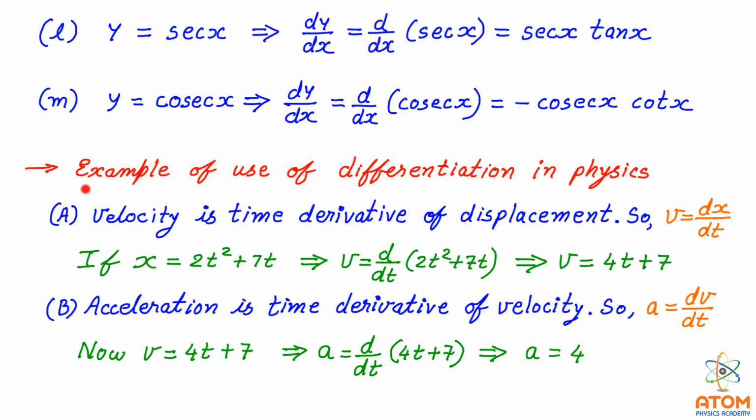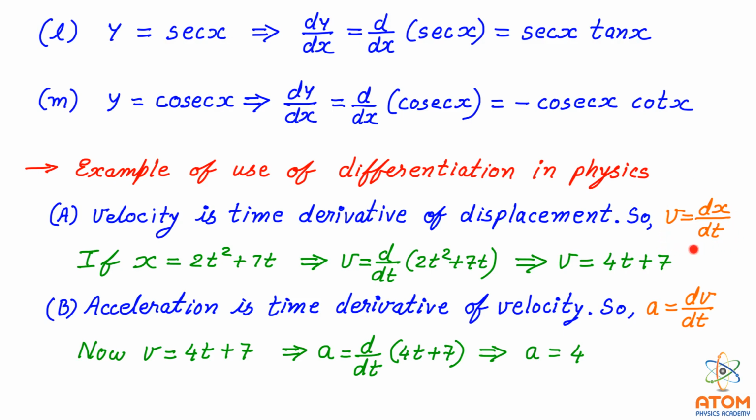So here it is, an example of the use of differentiation in physics. See, velocity is the time derivative of displacement. You know this, velocity is displacement upon time. So we mostly write the equation of velocity as v is equal to delta x upon delta t. You can also write that equation of v as v is equal to dx by dt.